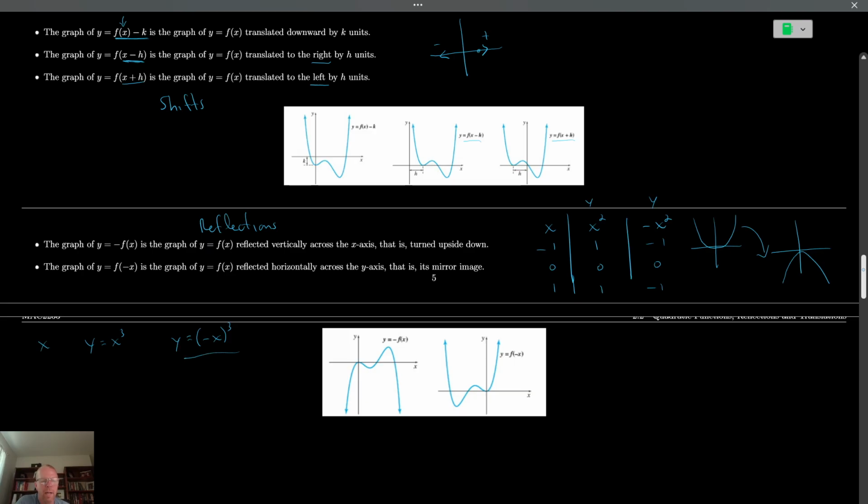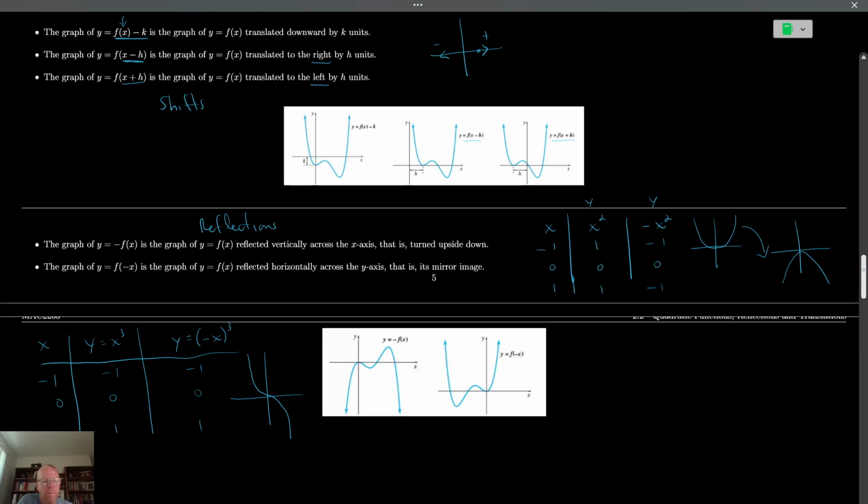And so let's just do negative 1, 0, and 1 again. So negative 1 cubed is negative 1, 0 cubed is 0, 1 cubed is 1. And then now we have negative 1 in parentheses cubed, which it actually doesn't matter. We have negative 1, and then 0, and then 1 cubed would be 1. So actually, that's kind of a bad example because it's actually the same.